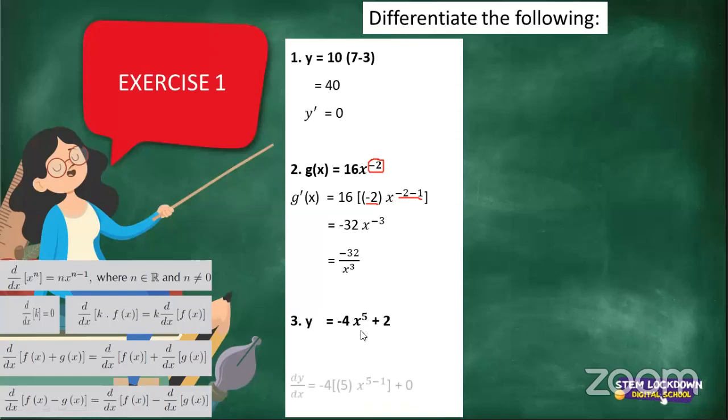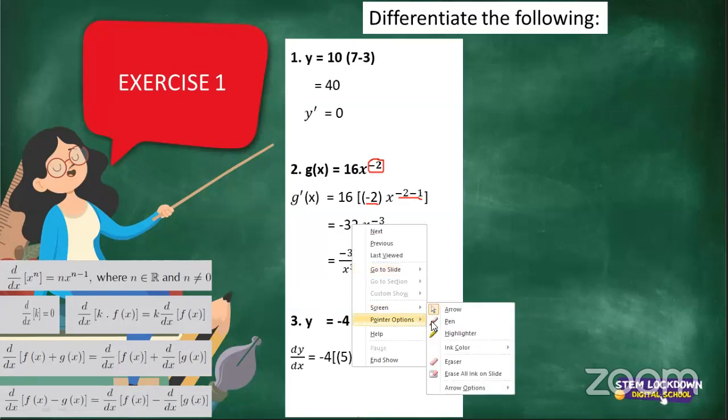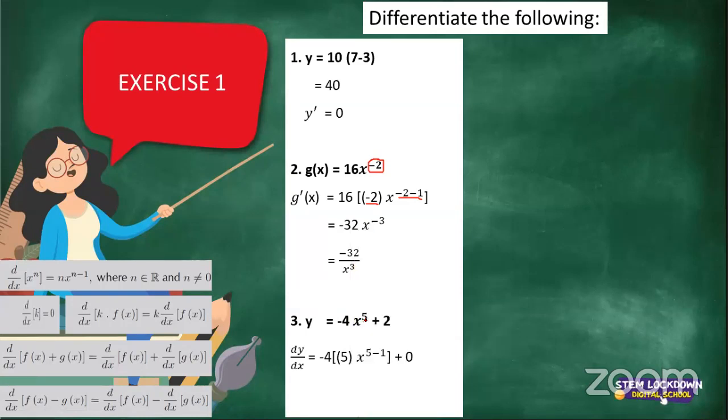If we differentiate with respect to x, you will have your -5, which is your exponent, multiplied by your base, and then you subtract 1 from your exponent.